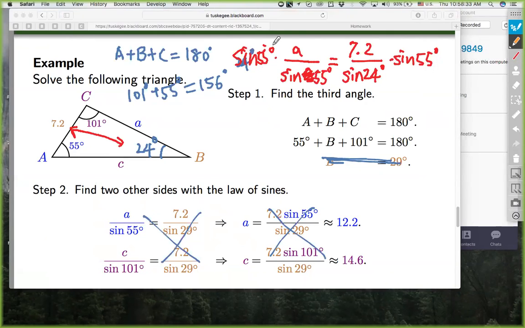So just leave a only on the left. So the result is that a equals 7.2 times sine 55 over the denominator sine 24 degrees. So we use a calculator to compute this fraction.